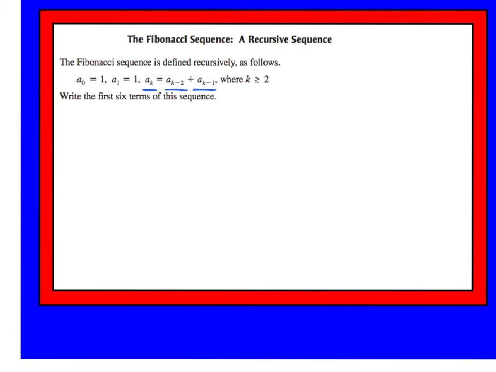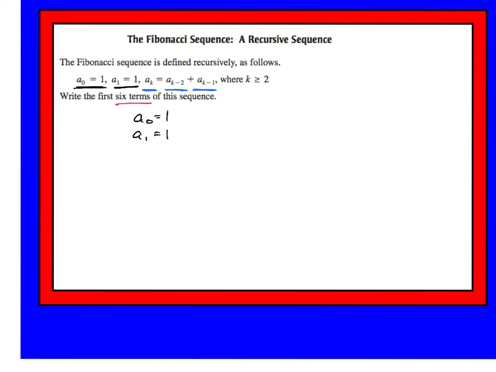It's not always that one, but that's kind of the rule on this one. And then it gives me some initial conditions. It gives me a sub 0 is 1. And it gives me a sub 1 is also 1. And it's asking me to find the first 6 terms of this sequence.